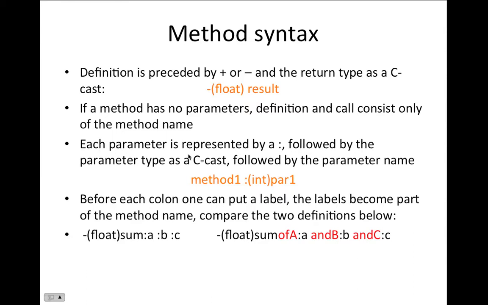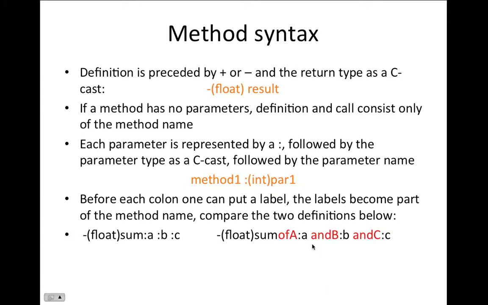And each parameter is represented by a colon, as we've seen in the previous syntax from last week, followed by a parameter type as a C cast. So here we have colon int, which is: take this parameter par1, cast as an integer, used as a parameter for method number 1. Following the parameter name, we have that colon, and then another colon, and another colon, like in this example here.